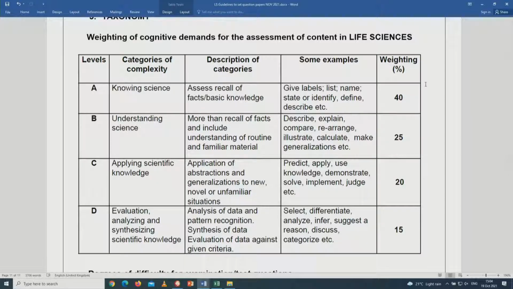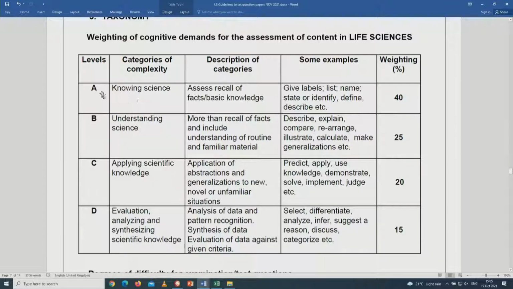It means that if your paper is 60 marks, 40% of that paper should be set on cognitive level A, 25% on B, 20% on C, and 15% on D. And I will show you, I already worked out the grids, the templates where you're going to capture your setting for the different papers, for the 60, the 120, and the 150 mark papers.